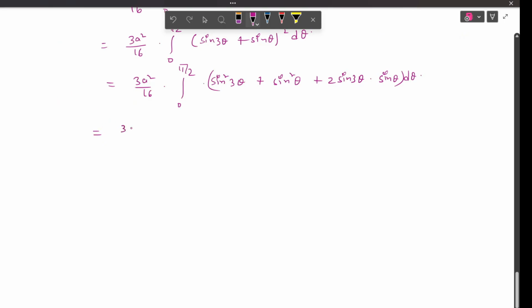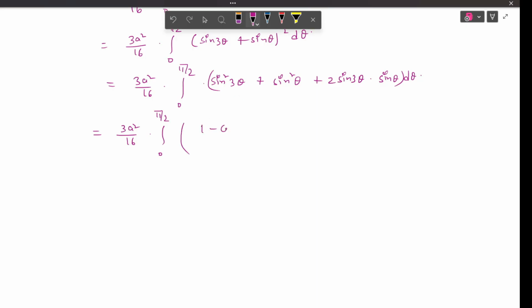So this would be 3a square by 16 integration 0 to pi by 2. This would be sin square 3 theta. So sin square theta, we know that 1 minus cos 2 theta is 2 sin square theta. So sin square 3 theta would be 1 minus cos 6 theta by 2. This would be 1 minus cos 2 theta by 2.